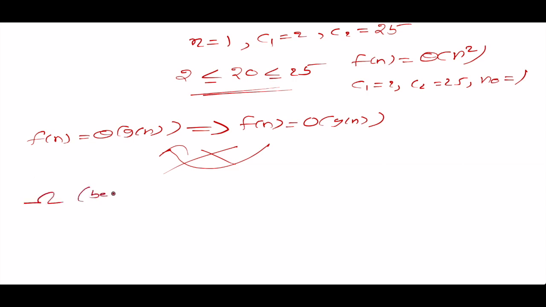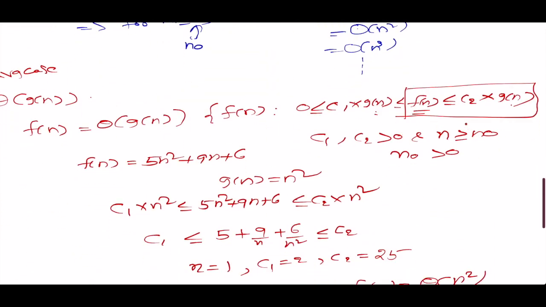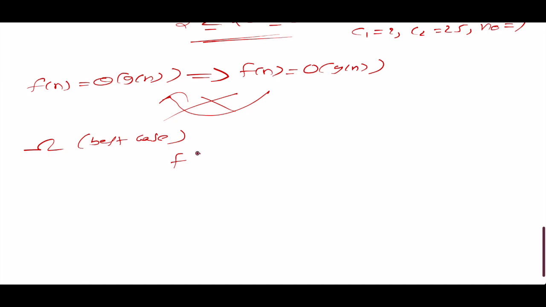This we call the best case. We can call it the best case. Here you see f of n is less than or equal to c into g of n, and here the only condition remaining is c into g of n less than or equal to f of n, right? So yeah, our guess is right.